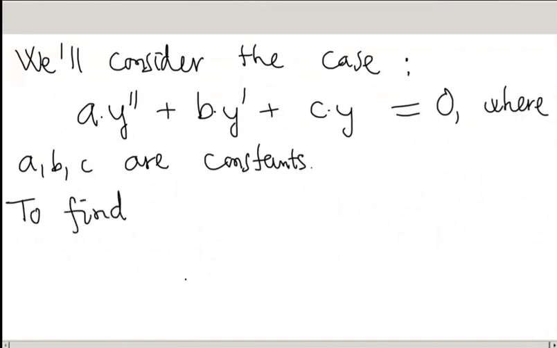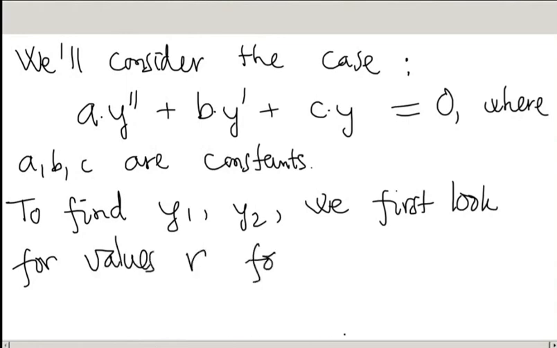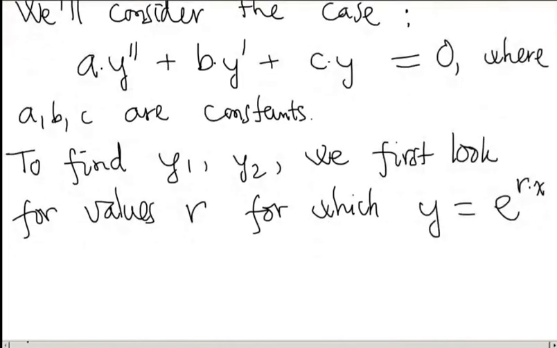To find y1, y2, we first look for values r for which y equals e to the r times x is a solution.